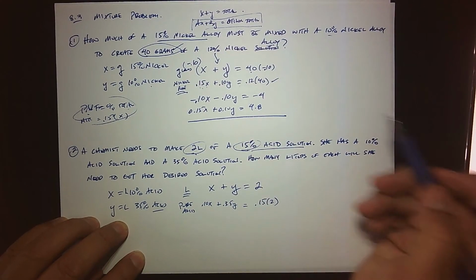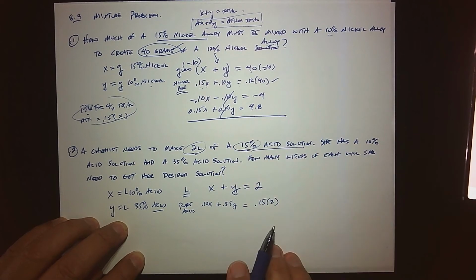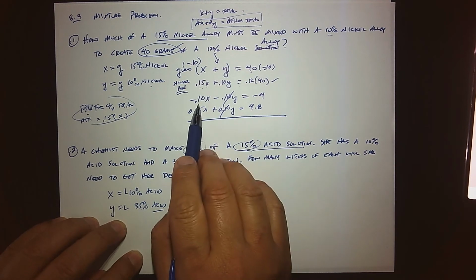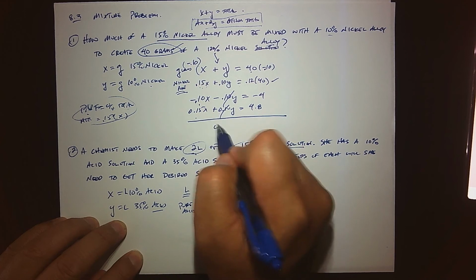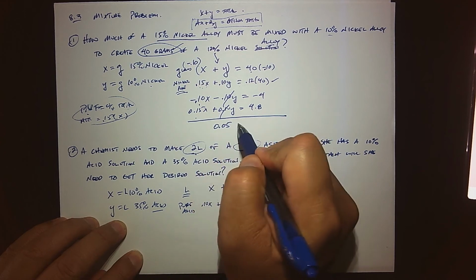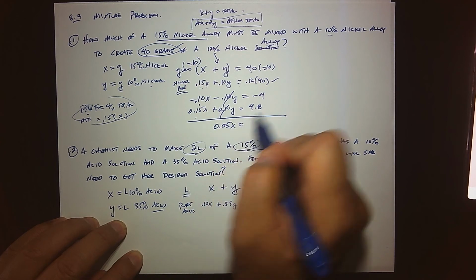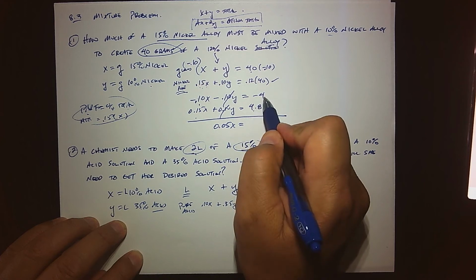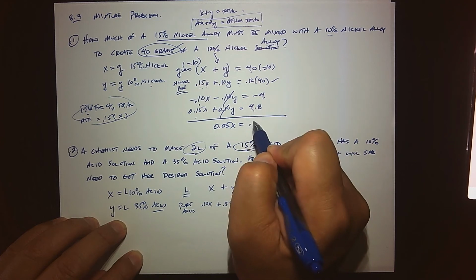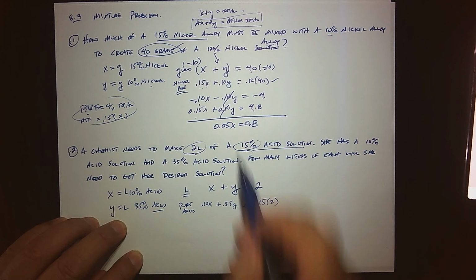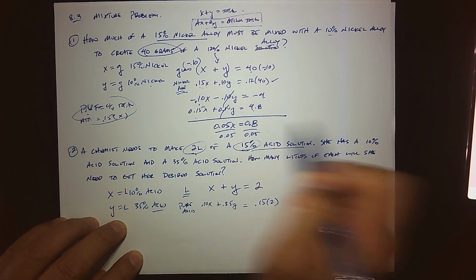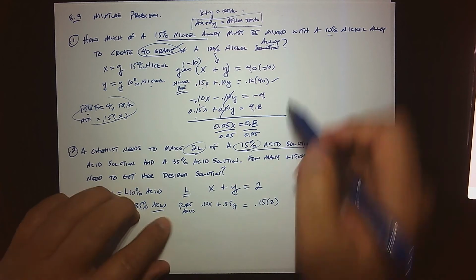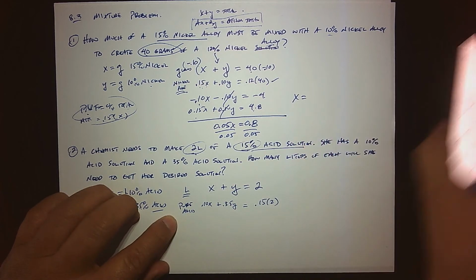So if we do all our math here, the y's cancel out like I wanted to. We have a negative 0.1 and we're adding a 0.15, so that's 0.05x, and then 4.8 take away 4, well, that's a positive 0.8. So solving for x, I'm going to divide by 0.05, and again, let's go ahead and bust our calculator out to do that.